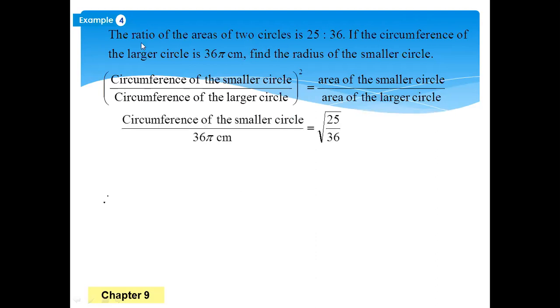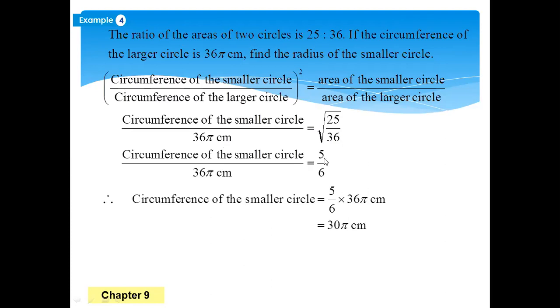As given in the question, ratio of areas is 25:36, while the circumference of the larger one is 36 pi. We don't want square, so take square root on the right hand side, which this is 5/6. So we can find circumference of the smaller circle.